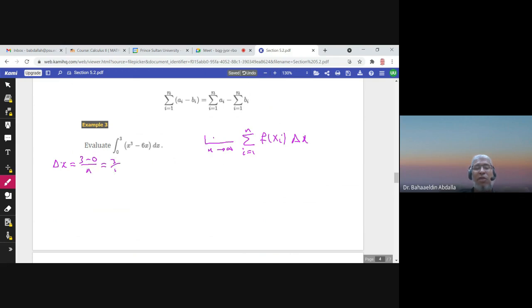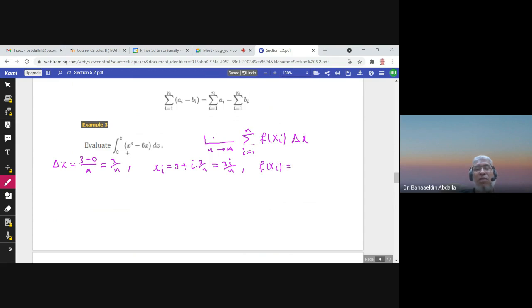So it's 3 over n. There is no approximation here. We need to find the integral, which is the exact area. And now I need xi. Xi is a, which is 0, plus i times delta x. So it is in fact 3i over n. So that's xi. Now I need f of xi.